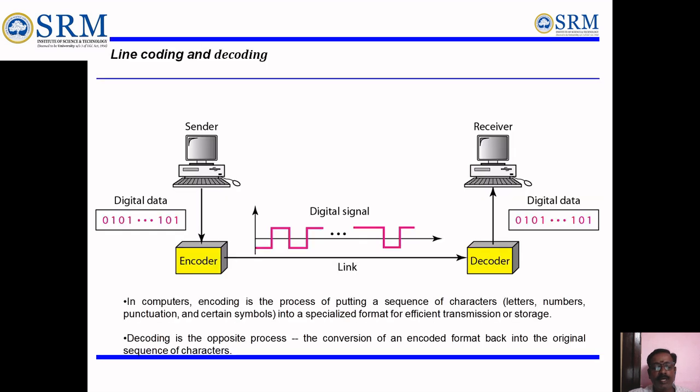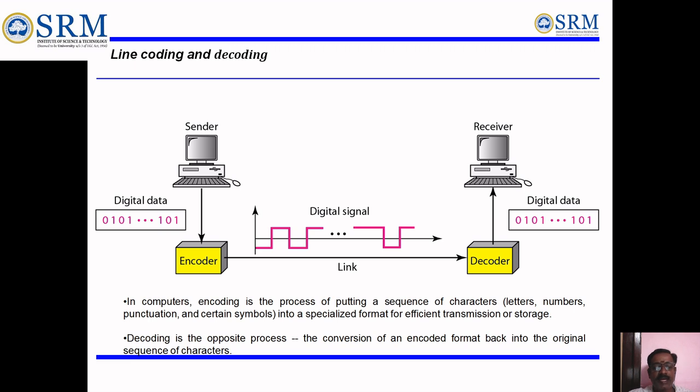Line coding and decoding. In computers, encoding is the process of putting a sequence of characters, for example letters, numbers, punctuation, and certain symbols, converted into a specialized format for efficient transmission or storage. Decoding is the opposite process, the conversion of an encoded format back into the original sequence of characters.